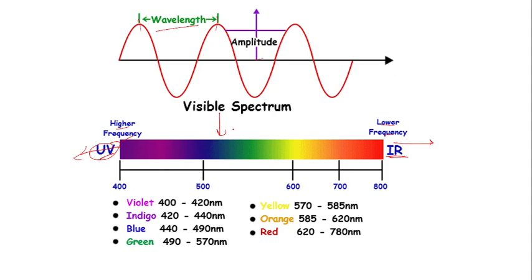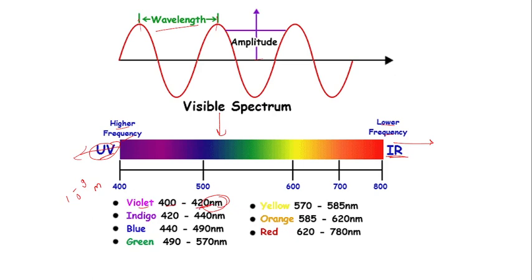In the visible region, violet color is 400 to 420 nanometer. What is the meaning of nanometer? Nanometer means 10 raised to power minus 9 meter, so you can imagine how short the wavelength is.